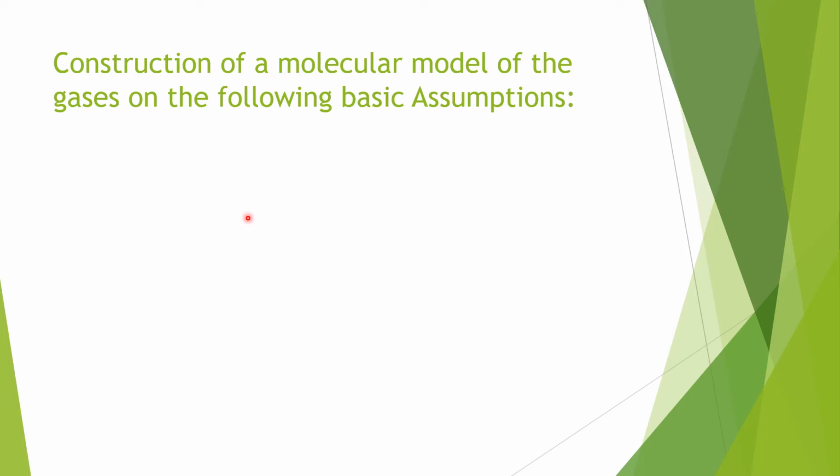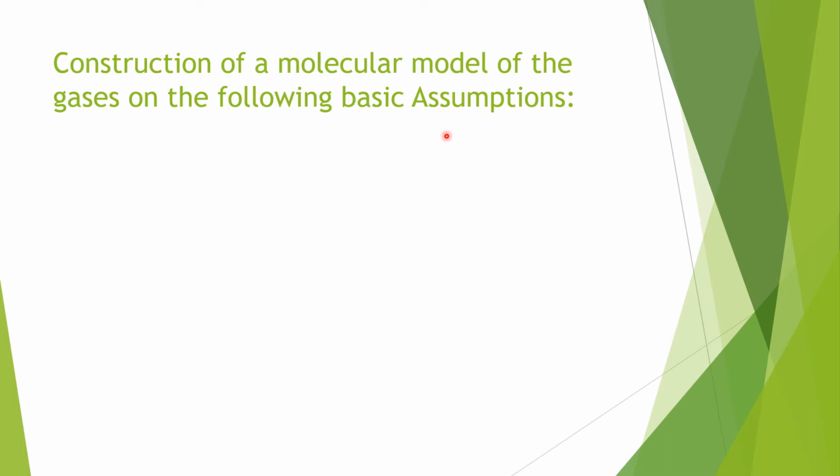In order to understand the behavior of gas molecules, we need to construct a molecular model of the gases, and for that we make a few assumptions. Based on these assumptions, we use Newton's laws to analyze the mechanics of ideal gas, which form the basis of kinetic theory.